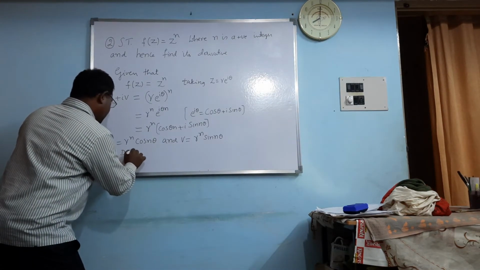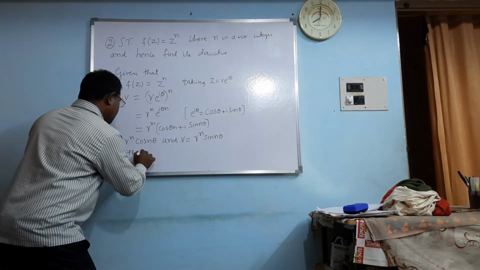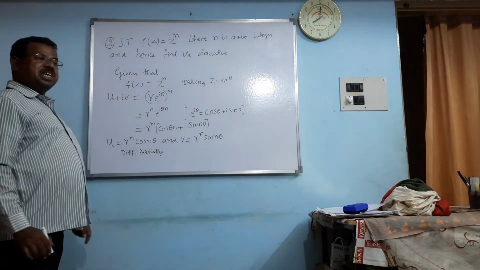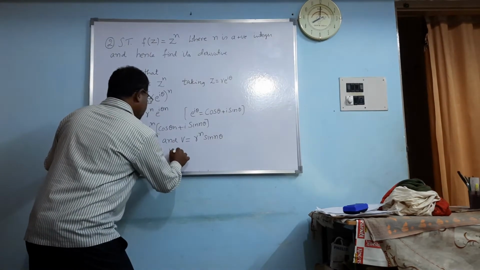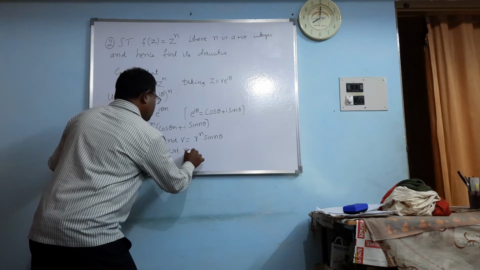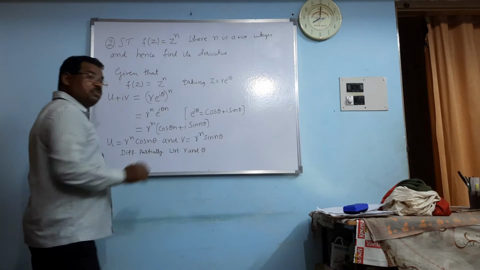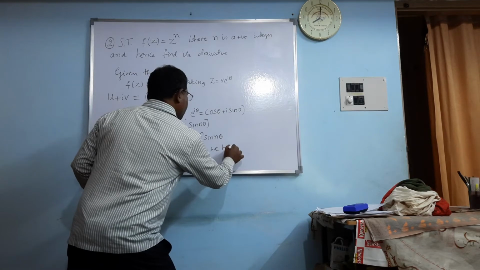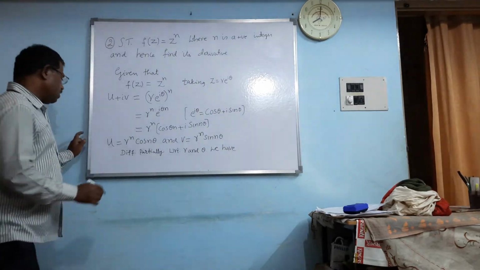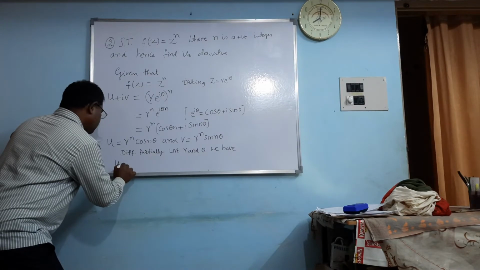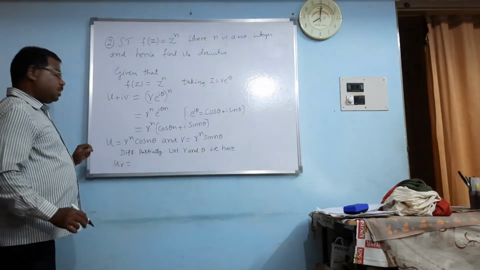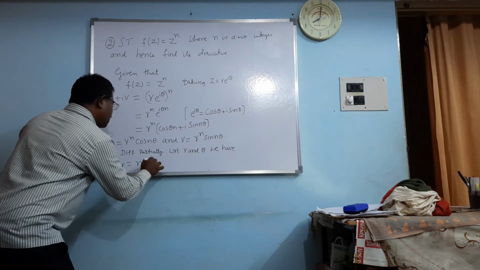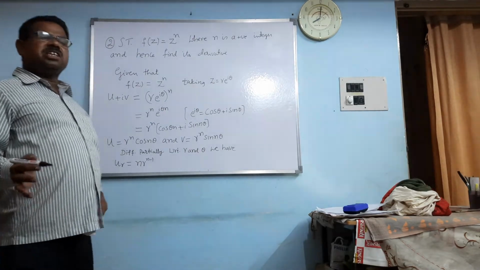Differentiating partially with respect to r and theta, we have u r equals n into r to the power of n minus 1, and cos n theta is constant, so write it as it is.